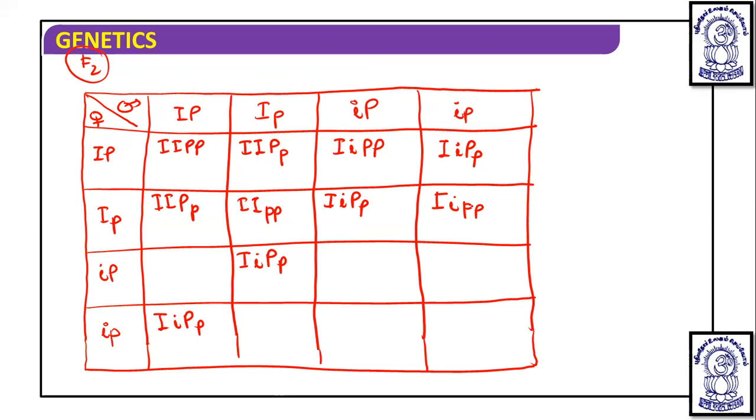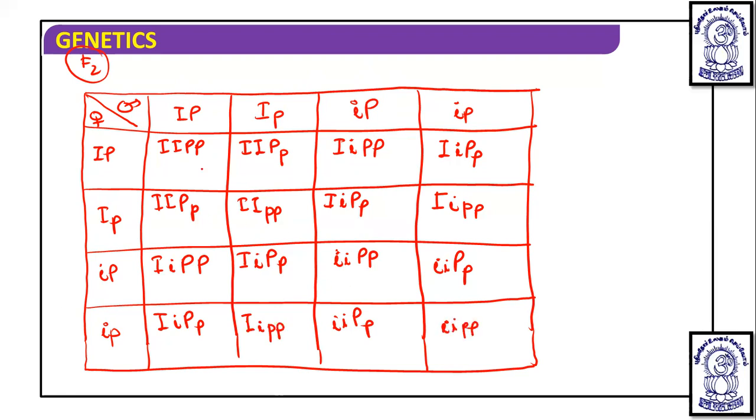Okay. Here capital I, small i, capital P; small i, capital P; small i, capital P, small p; small i, capital P, small p; capital I, small p, small p; small p, small p.